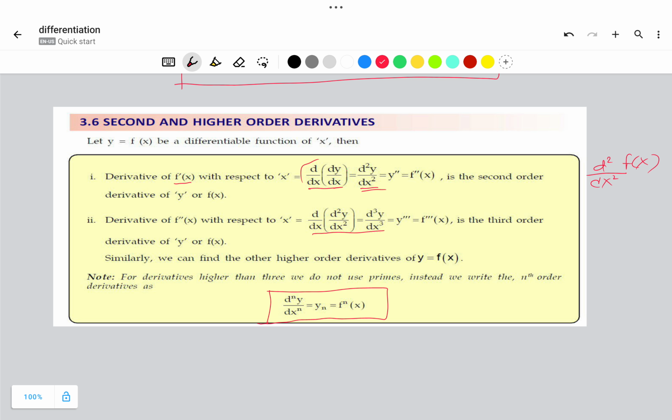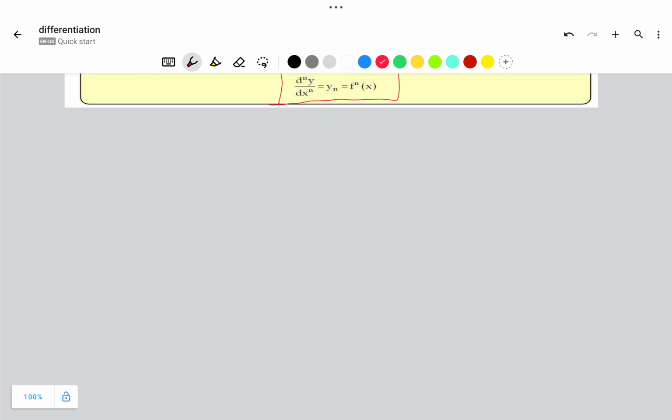So now we will be solving a few questions. Find the second order derivative, which is d square y by dx square. Let's solve a question from the textbook, which is y is equal to log of x.